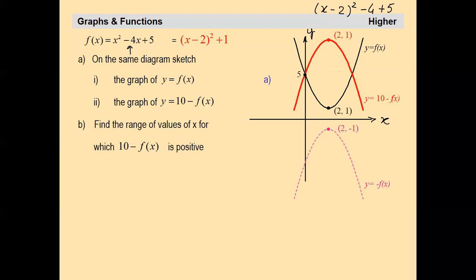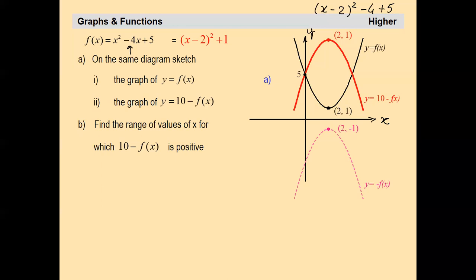Now, if I'm asked to do 10 minus f of x, so you flip the function on the x-axis first to do the minus f of x. Then this 2, 1 becomes 2, negative 1. And then you add 10 to it because it's 10 plus.